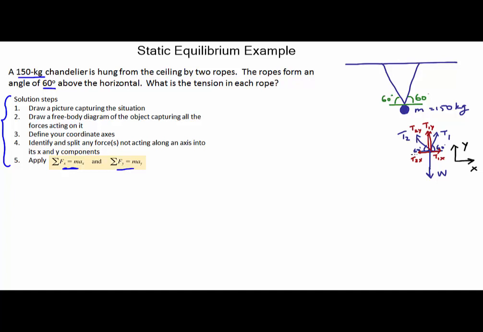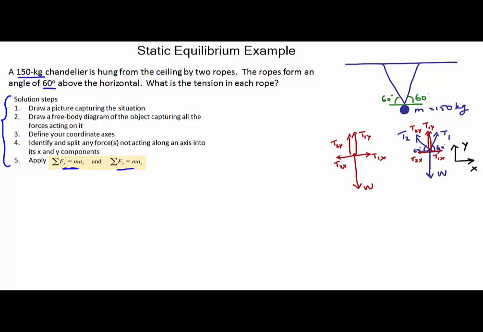We can just consider their components. So I'm going to draw a cleaner version of the free body diagram here with just the components of the forces. I've got T1y pointing straight up, T2y pointing straight up, W pointing straight down, T1x pointing to the right, and T2x pointing to the left.